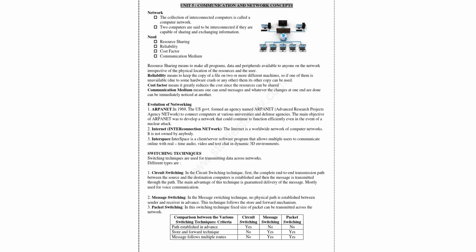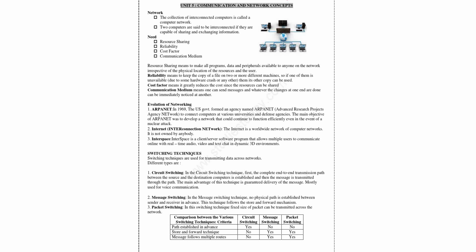Basically, a network is a collection of interrelated computers, and they should be autonomous. Two computers are said to be interconnected if they are capable of sharing and exchanging information.